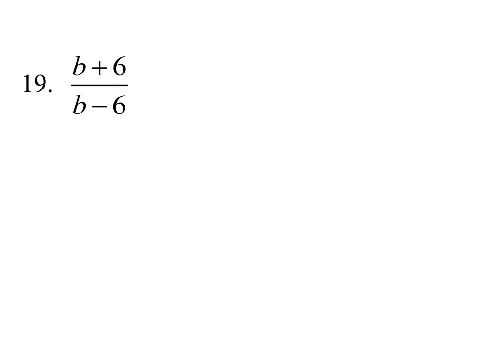Now on number 19, factoring out a negative isn't going to work. Your b is the same sign. They're both positive in the top and in the bottom, but the 6 is different signs. So I could factor out a negative 1 from one of them. Let's see what happens.